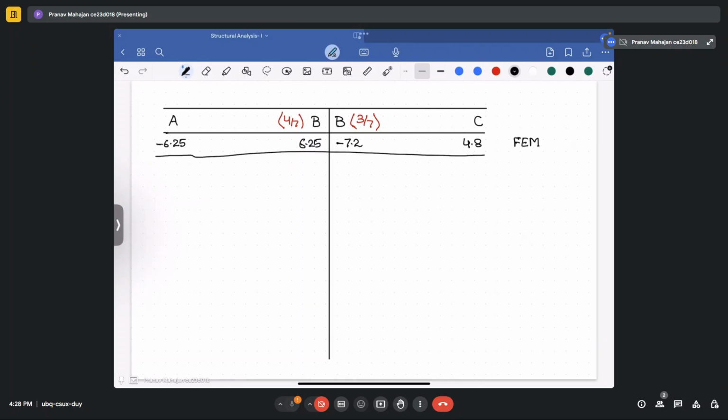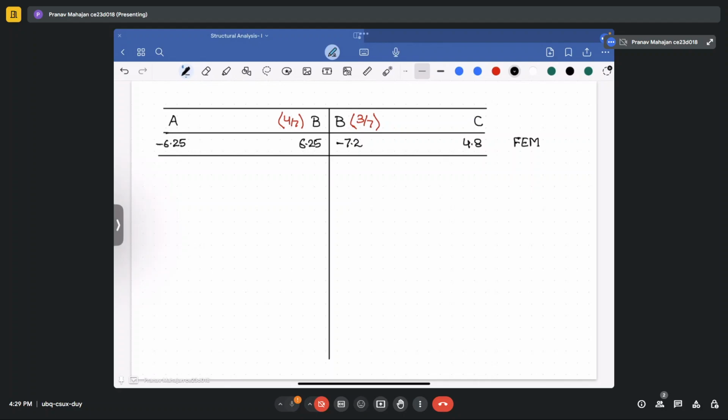Now we will distribute the unbalanced moments. So in this case, your difference is minus 7.2 plus 6.25. That will be equal to minus 0.95. So we will divide the 0.95 based upon their distribution factors.